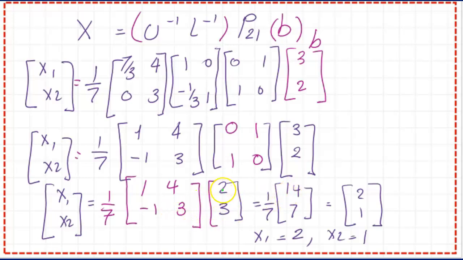And minus 1 by 2 plus 3 by 3, we have 9 minus 2 is 7. So x1 is 2, and x2 equal to 1, which exactly matches the values of x1 and x2 prior to the swap of the rows.